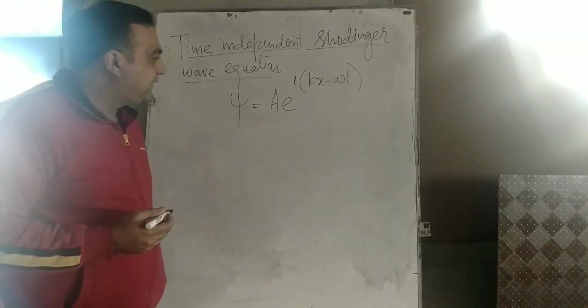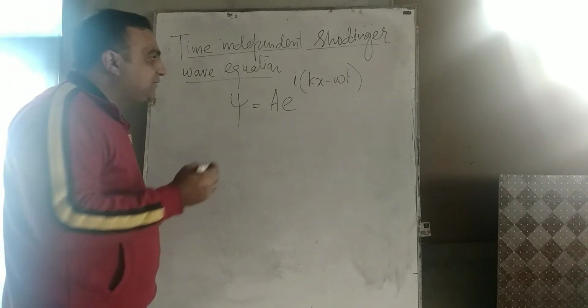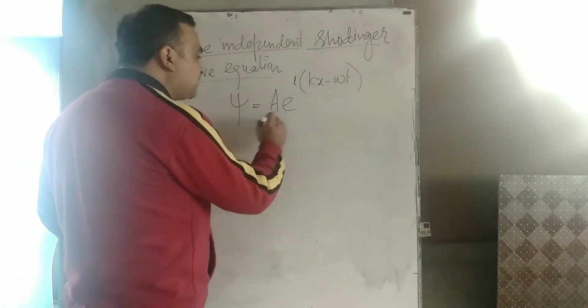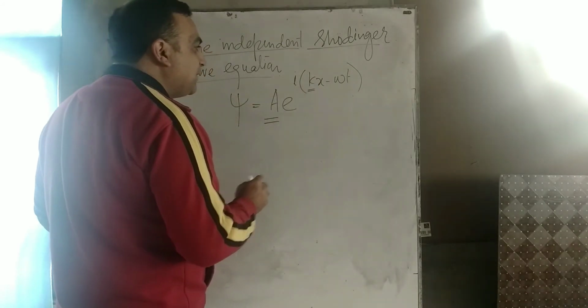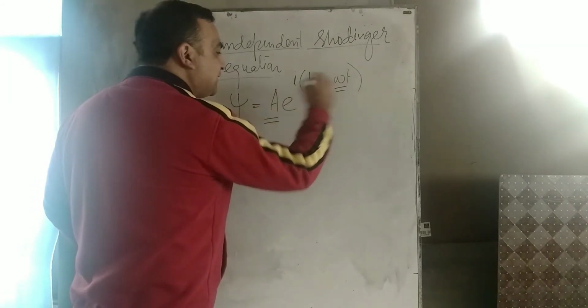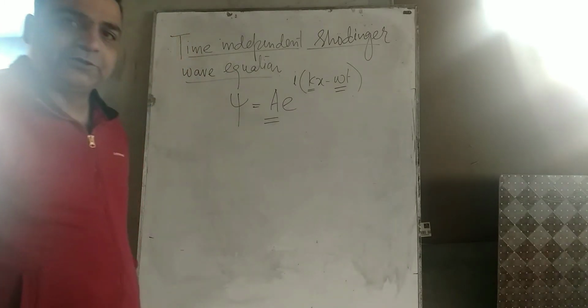And you can see some of the symbols in it. This a refers to the amplitude. This k is the propagation vector. This omega is the angular frequency of this wave function.